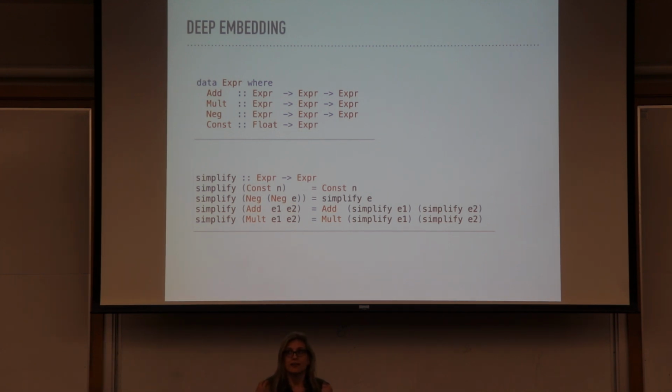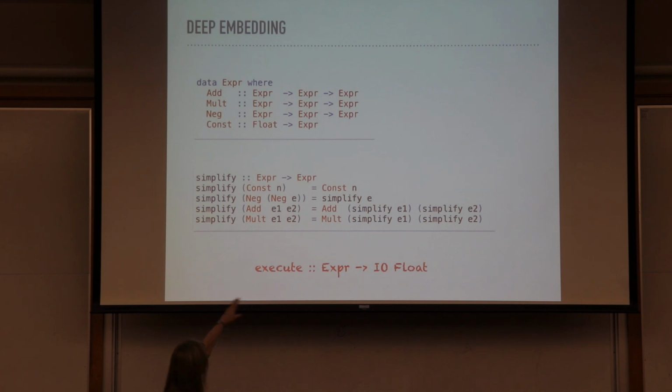So in general, you want to have a shallow embedding if it's pretty much straightforward how to implement everything, and there are not a lot of optimizations and manipulations of the program you have to do. But if you need to analyze it, if you need to optimize it, then a deep embedding is the way to go.